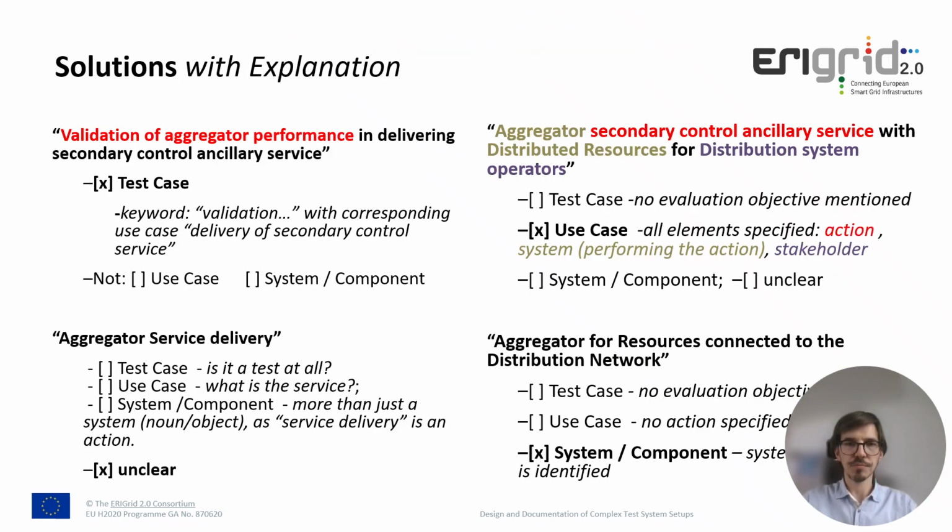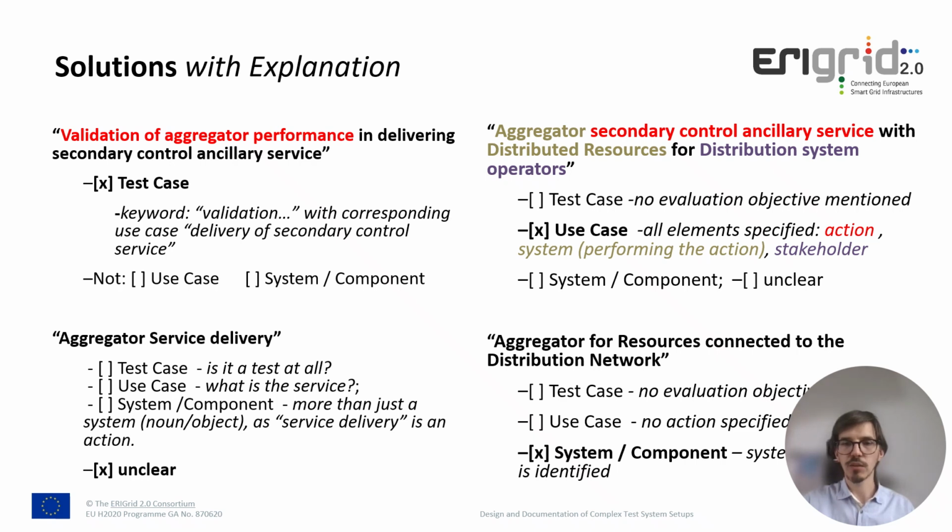In the solution, we can see the first question is clearly a test case because it starts with validation and also sets the scope. We have on the right-hand side, the second case is a use case because it defines the action and the function performed by a system and also the system and stakeholders that it creates the value for.